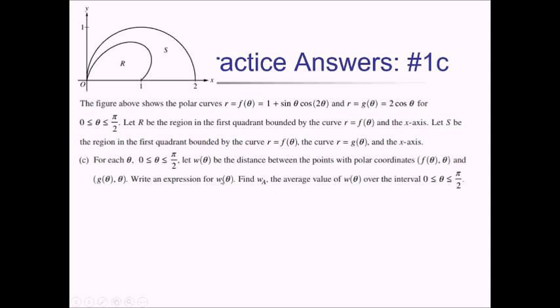All right, let's start with an expression for w of theta, which they said is the distance between these two points. Basically, this point right here, f of theta comma theta, is your distance from the origin to the f function. And g of theta comma theta is the distance from the origin to the g function.